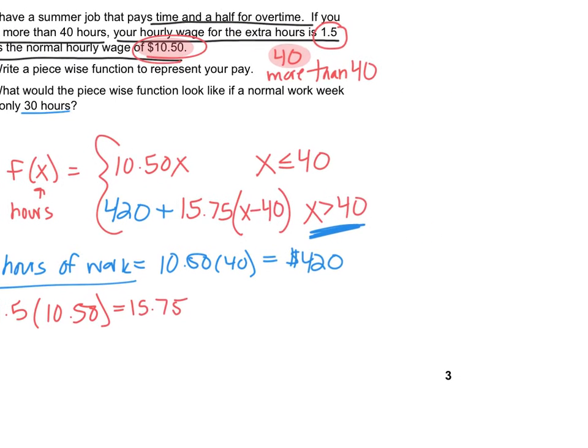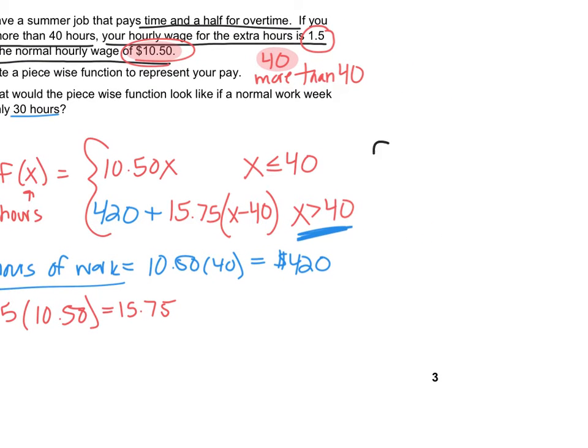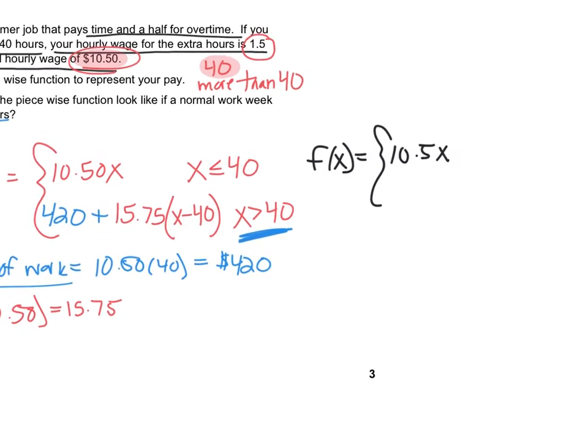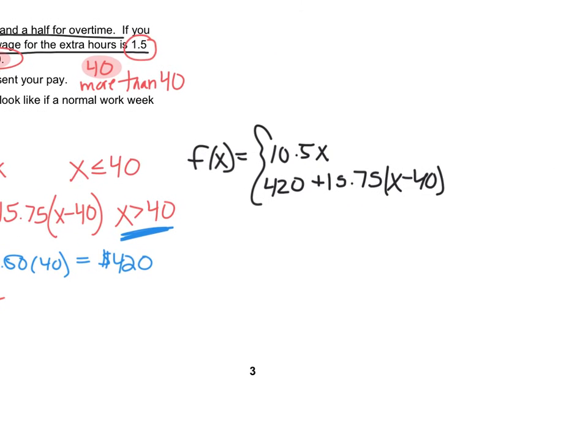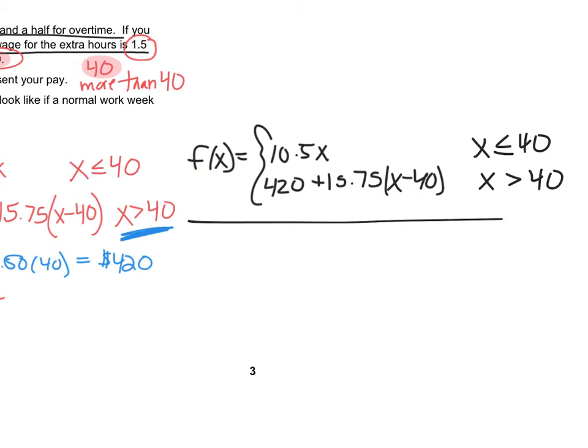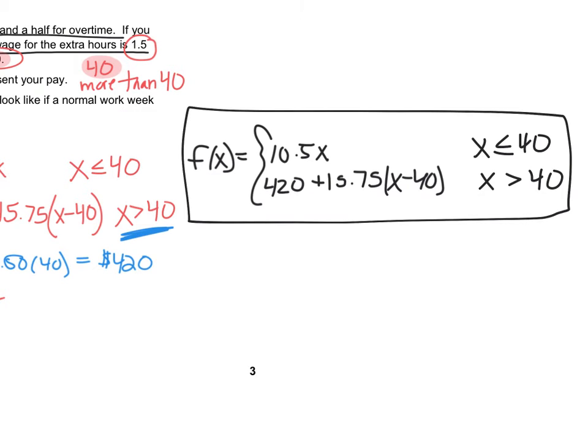And if I write that out a little bit neater, it would be f of x equals 10.5x and 420, oh, looks like a 9, plus 15.75 times x minus 40. And that would be for x is less than or equal to 40 hours, and then this would be for if we're working more than 40 hours. There's our nice, neat function there.